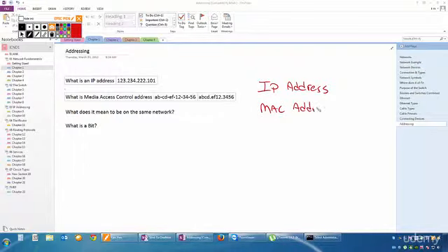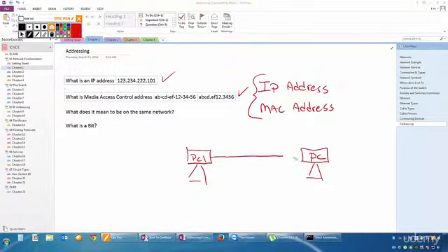Now, one thing you need to understand, since we're learning these two things now, and what they are, really we're just learning the formats of them, how they look, and what they're used for. A PC must have both to communicate. Which means, when PC 1 communicates with PC 2, in order for this communication to work, PC 1 must have the MAC address and IP address that he wants to communicate with.